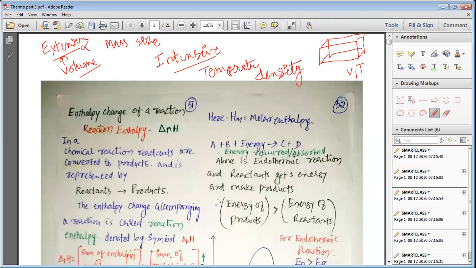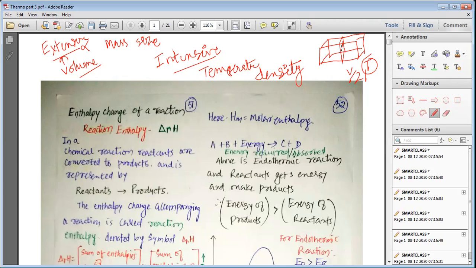If we separate it by using some partition, my dear students, so if we divide it into these two smaller parts, then the volume becomes V by 2 and the temperature remains the same.